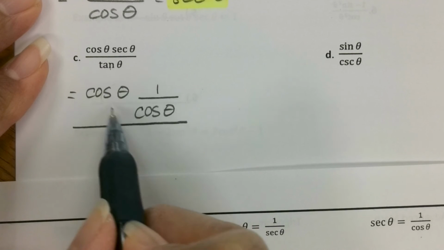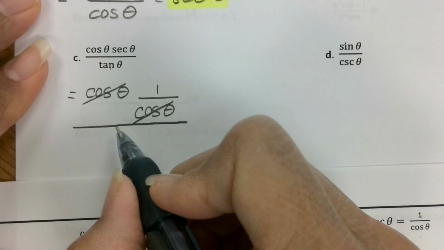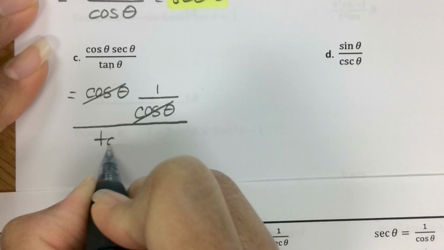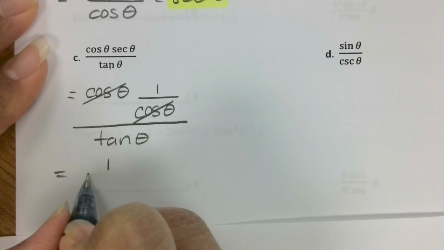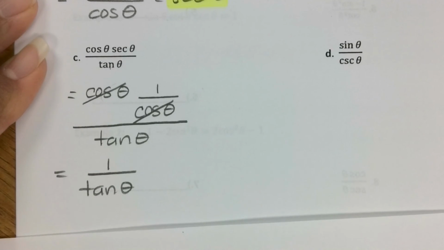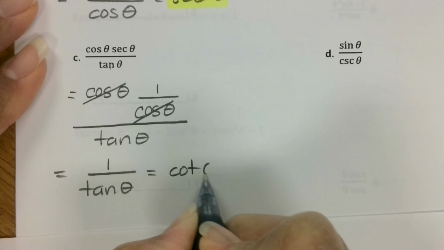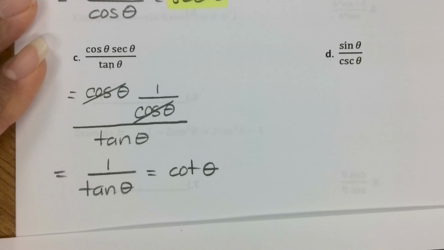Well, your decision is based on this. I notice that this and this are going to disappear. So me rewriting this is not really going to help me. Actually, I should leave it. Instead of writing it as sine over cosine, leave it as tangent theta. Because it just is going to be easier to see that this is the reciprocal of what? Of cotangent theta. That's it.